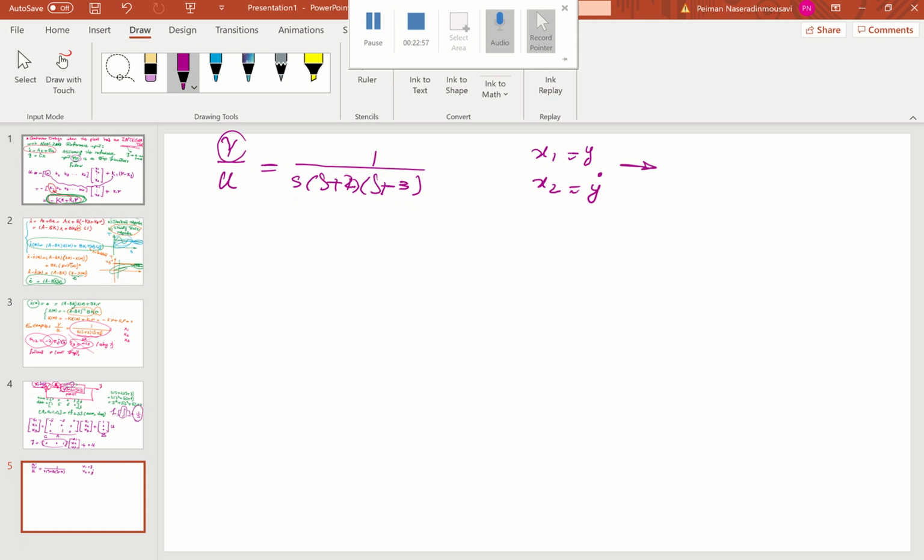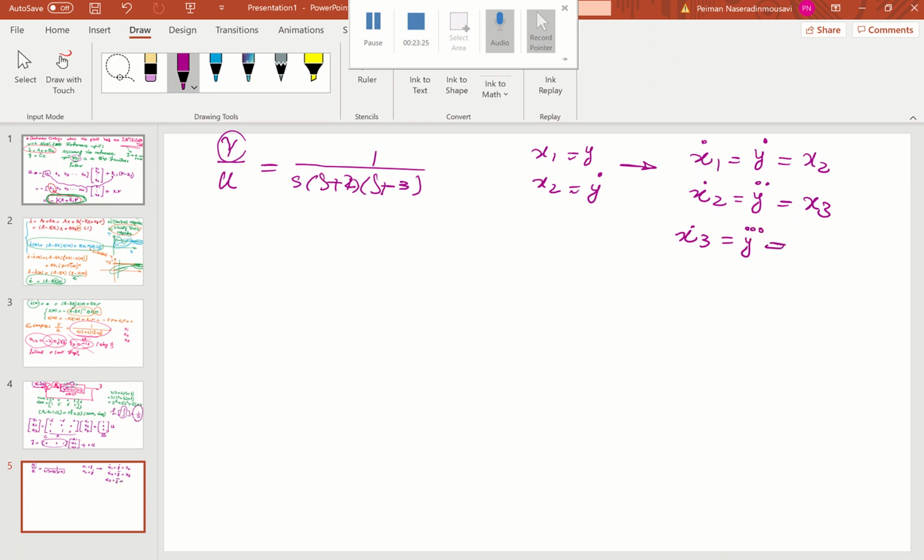So taking the time derivative, x dot 1 is y dot, which is x2, right? Now x dot 2 is y double dot. I'm going to name it x3 because it's a third order system. And now x dot 3 is y triple dot.